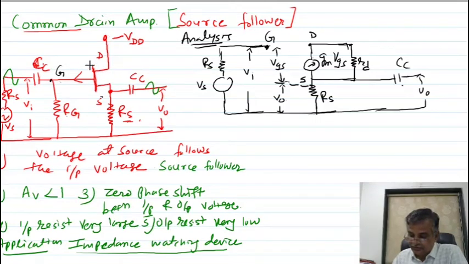Look here carefully. This is replaced by a current source and its own resistance RD. Now this is your drain terminal, so the drain is connected to minus VCC. From the minus it is connected to ground. This is a minus power supply connected to ground.